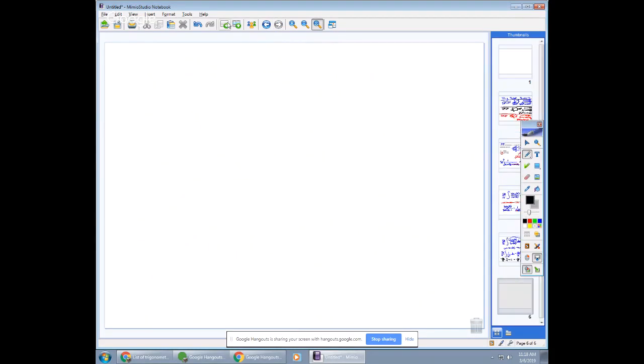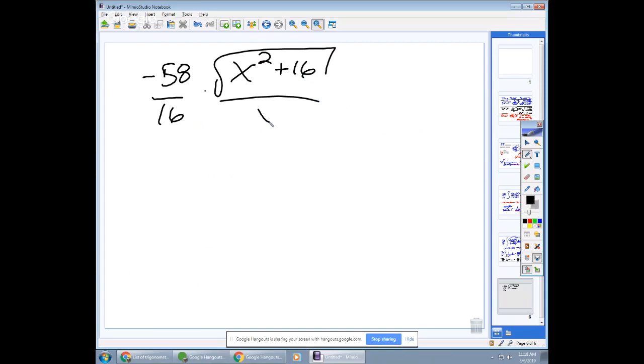So we get negative 58 over 16 times x, let's see, squared on top, thank you. X squared plus 16 in the square root. X on the bottom, because we have 1 over sine, plus C. So that should be the antiderivative here.